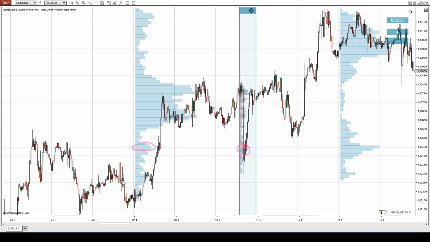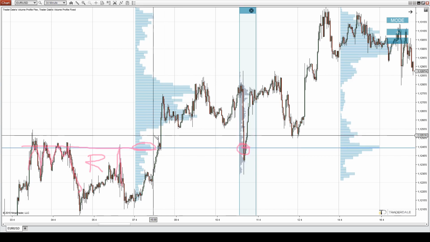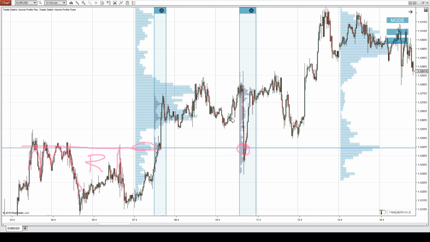What I also like about it is that there were rejections of this area in the past, which indicate that this level was a strong resistance zone. Then there was this volume cluster created when the buyers pushed the price through this resistance zone, and currently, when the price is above this zone, it will work as a support.